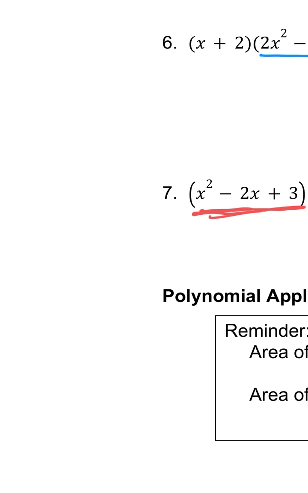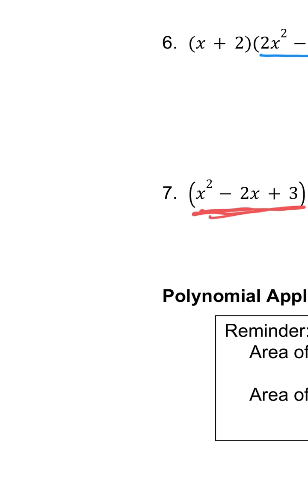Let's put our rectangle with 3 rows, and then we can put the other trinomial at the top, our 3x squared plus 2x plus 2. And go ahead and fill it in.